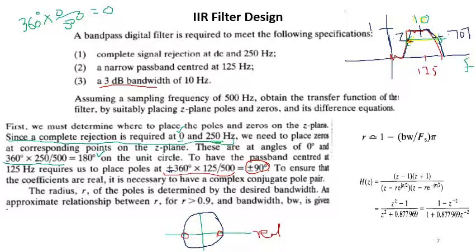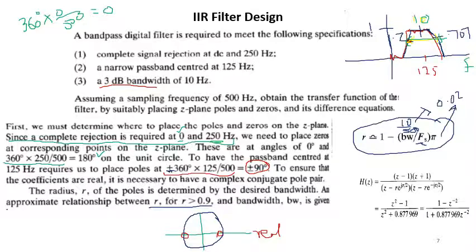there is an approximate relationship between bandwidth and R, given by this equation: R equals 1 minus bandwidth divided by the sampling frequency times pi. The bandwidth is 10 and the sampling frequency is 500, so dividing gives something like 0.02, and the value of pi is about 3.14.